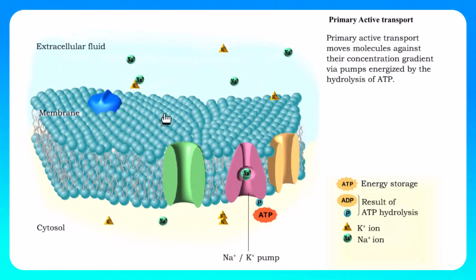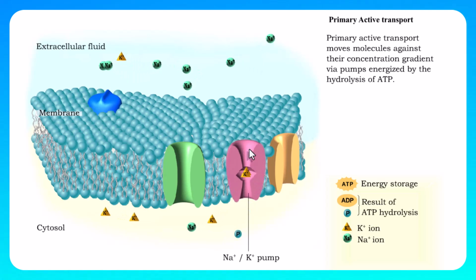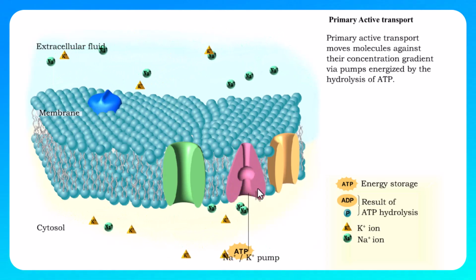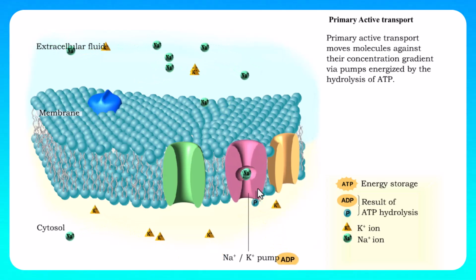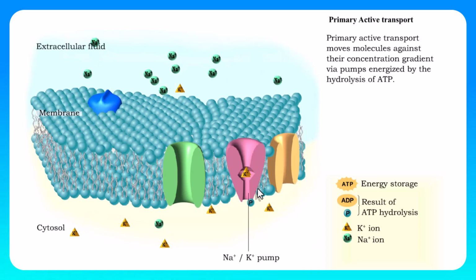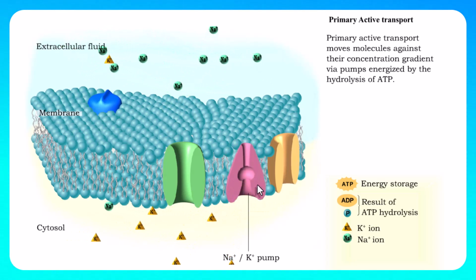Primary active transport of charged or polar solutes requires membrane proteins or protein pumps that use energy supplied by ATP in order to work. This causes a conformational change, moving the molecule up its concentration gradient.